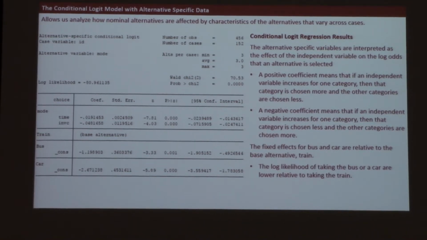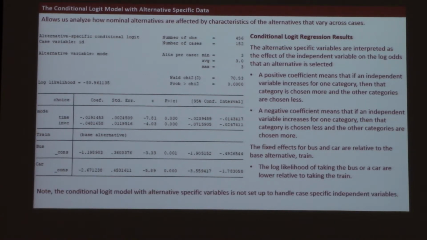And again, those would change if we change the base. So again, conditional logit, we use it only for alternative specific data. It's not set up to handle case specific data.